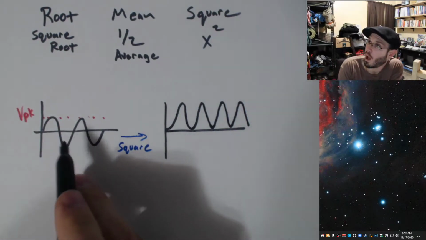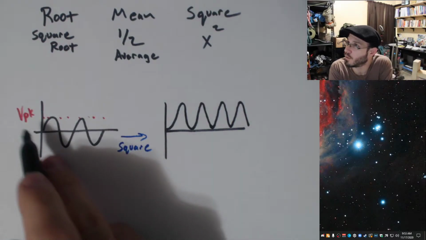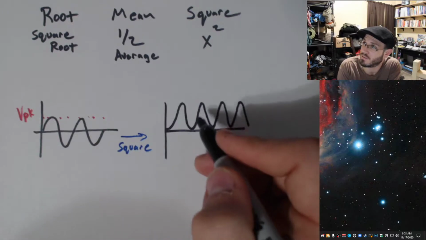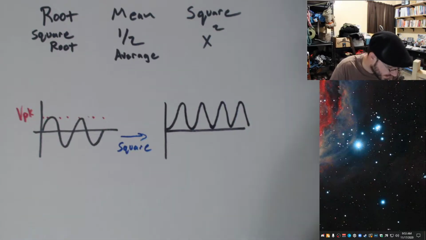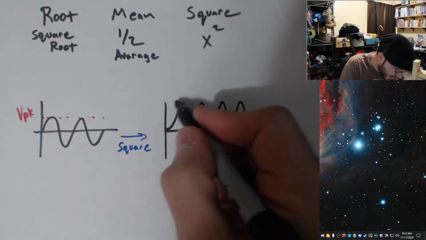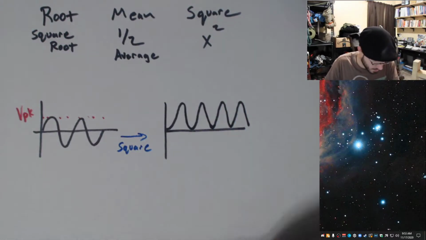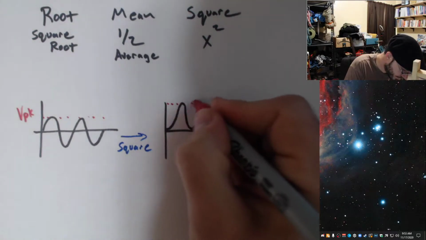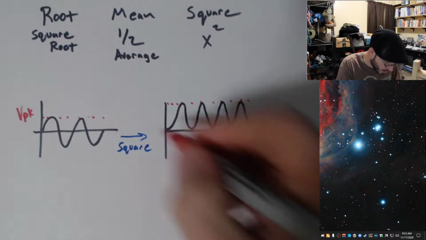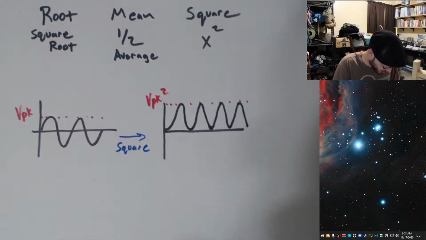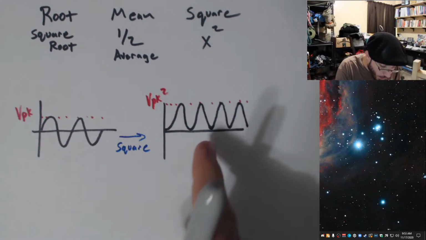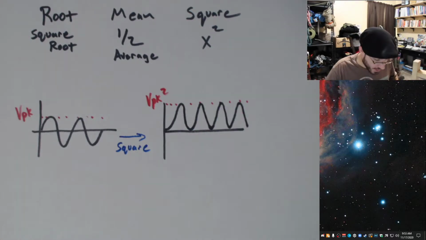Okay, so now all of my below the x-axis negative values have become positive. Okay, so now we have V peak squared. Now we can actually take the average of this.